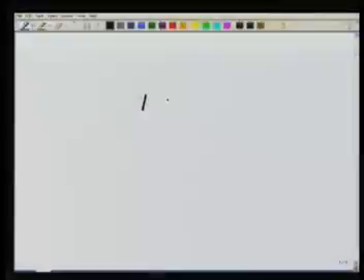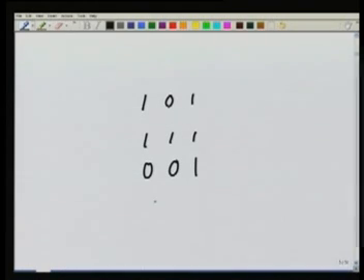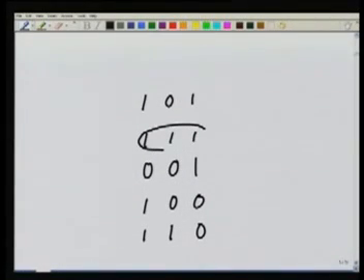Imagine we have 5 patterns: 1 0 1, 1 1 1, 0 0 1, 1 0 0 and 1 1 0. The meaning of sequence is that this pattern follows this pattern, this pattern follows this pattern, and so on.